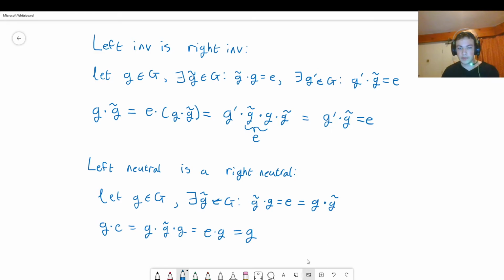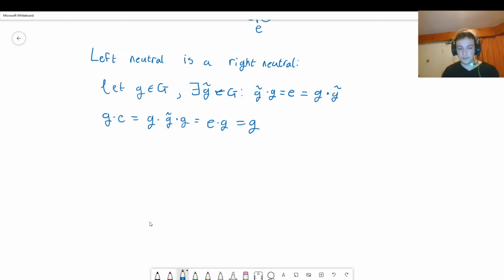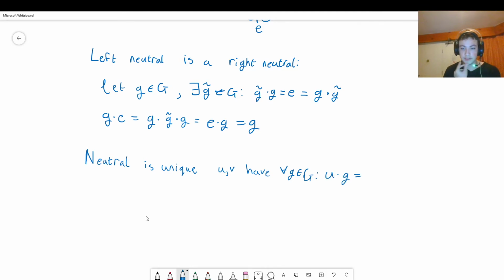Okay. And then we have a couple more. So the neutral is unique, so we can only have one identity element. So suppose that we'll call them u, v, have for all g in G, u dot g is g and v dot g is g.